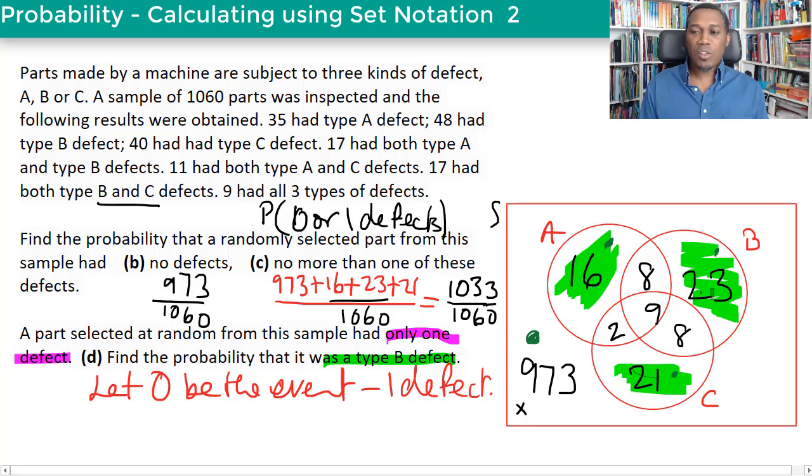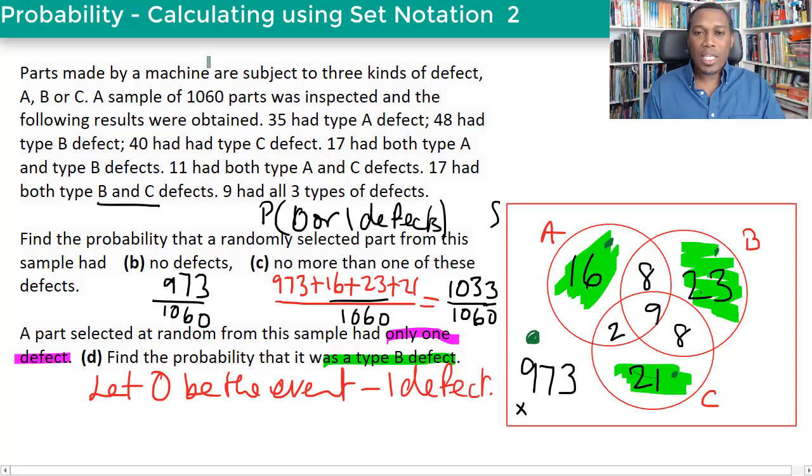Those 3 regions together represent O. If I try to write that in set notation with A, B, and C, I'm sure you would agree it's going to end up a long string, so I don't want to do that.